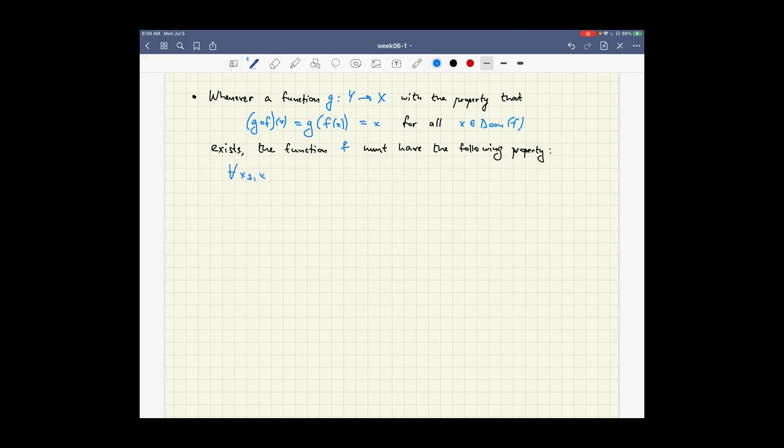For every elements x1 and x2 of the domain of f, we have the implication that whenever f takes the same value at these 2 points, it follows immediately that the 2 points are the same. In other words, our function f takes different values at different points. It cannot take the same value at two different points.